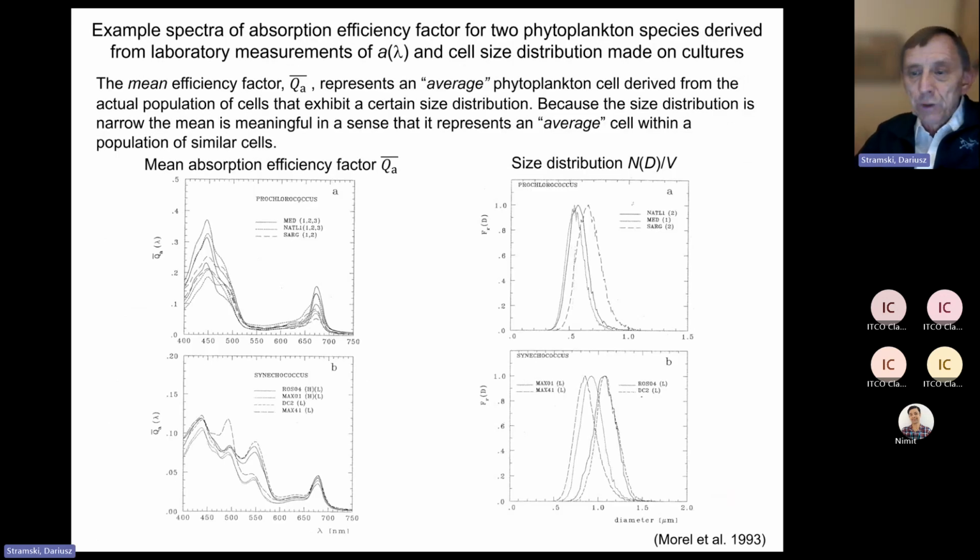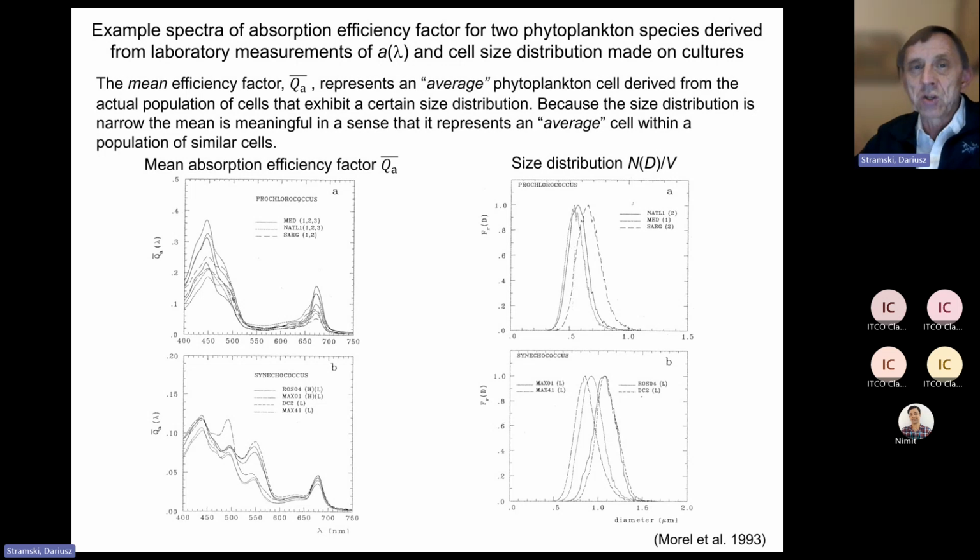So the next few slides will give us some example data of absorption efficiency factor, in this case for two phytoplankton species. The data I will present were derived from lab experiments with single phytoplankton species, with cultures in which spectrophotometric measurements of the spectra of absorption coefficients were made.